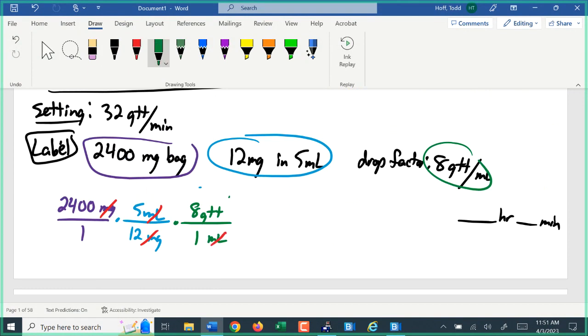And finally, we would need to get rid of the drops. That brings us to our setting here of 32 drops. So our drops have to go on bottom to cancel out the drops in 1 minute. So our only time left is minutes. So let's go ahead and find our minutes.